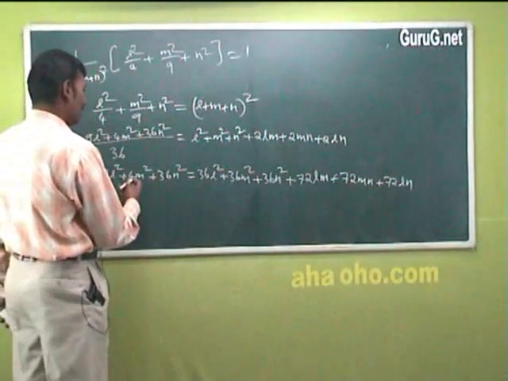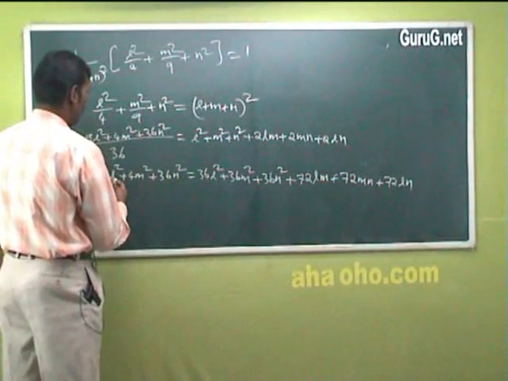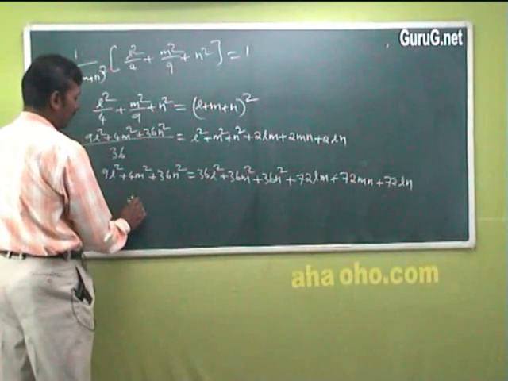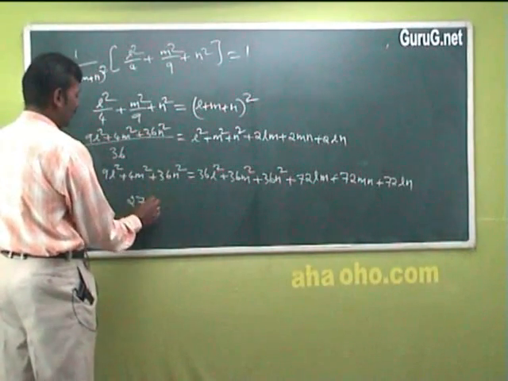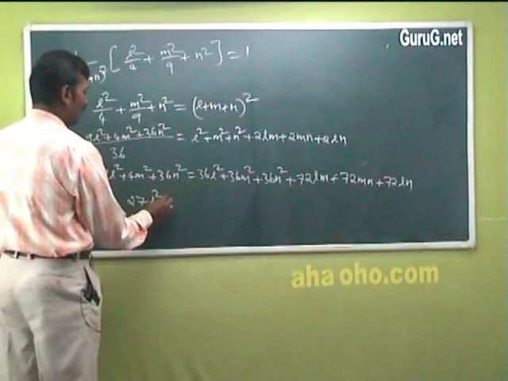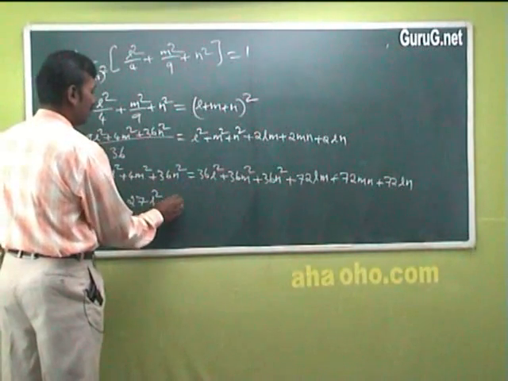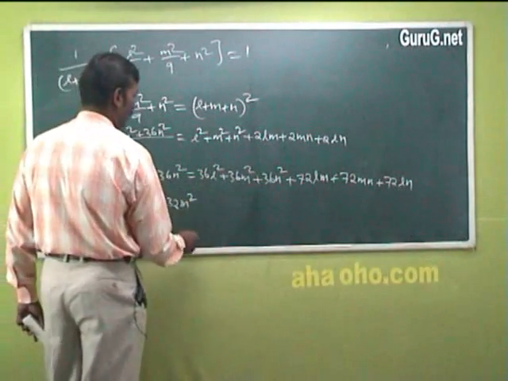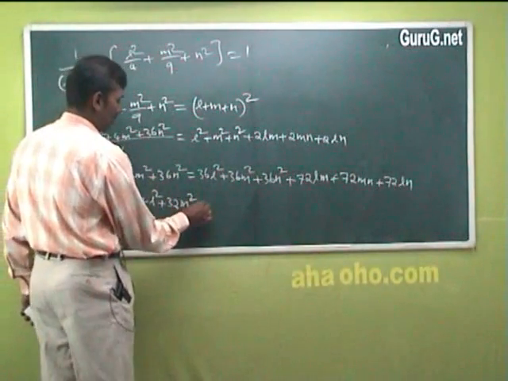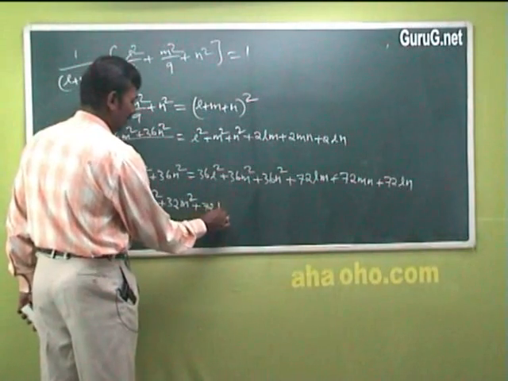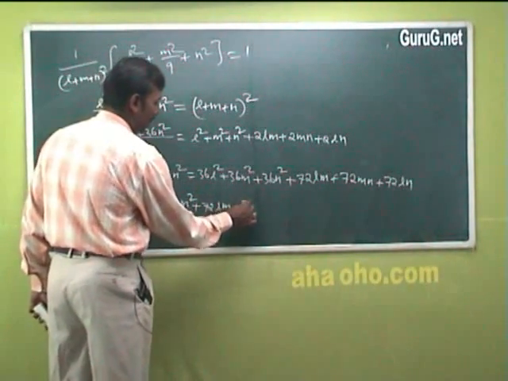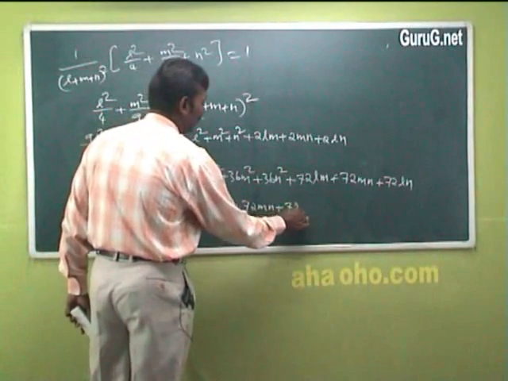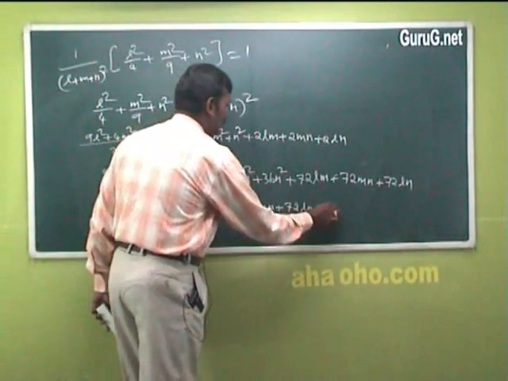Simplify it, so 36 minus 9L square, 27L square, right? Then plus 32M square, then this becomes 0, then plus 72LM plus 72MN plus 72LN equal to 0.